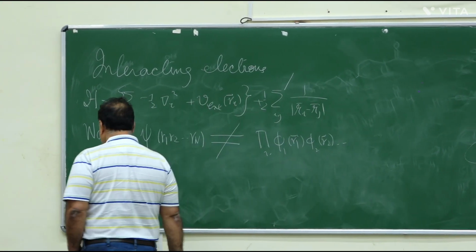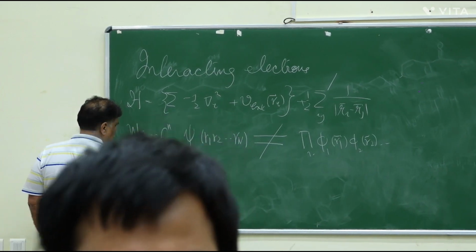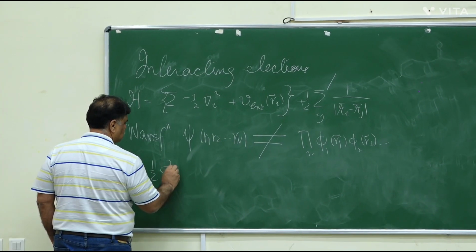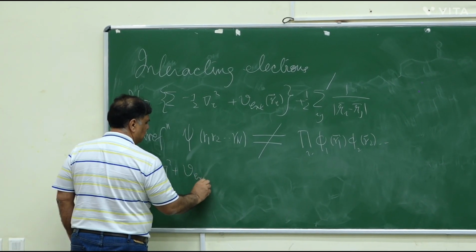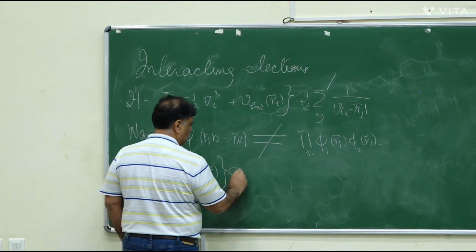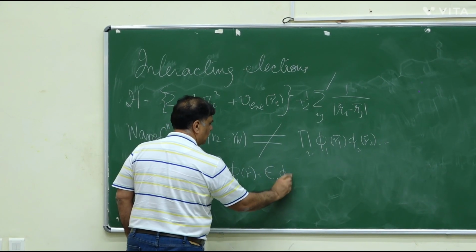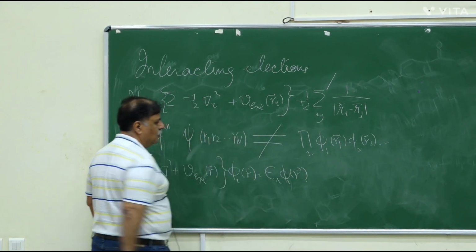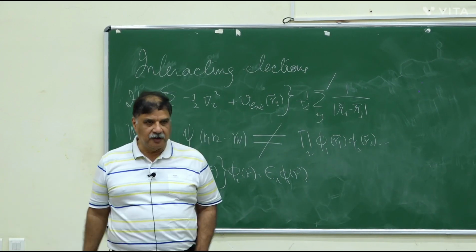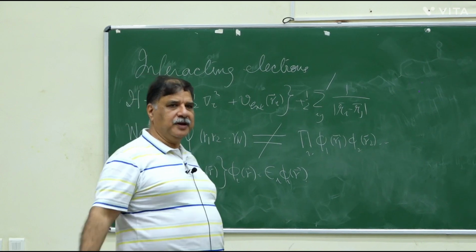Now, I just want you to recall that if we have a single particle equation, minus 1/2 del square plus some V external(r), acting on phi_i(r) equals epsilon_i phi_i(r), we do know certain problems where we can solve this analytically, and I can also solve it numerically very easily.